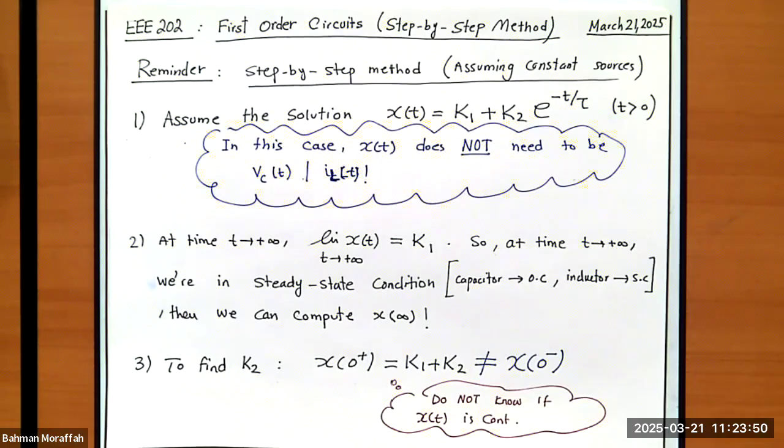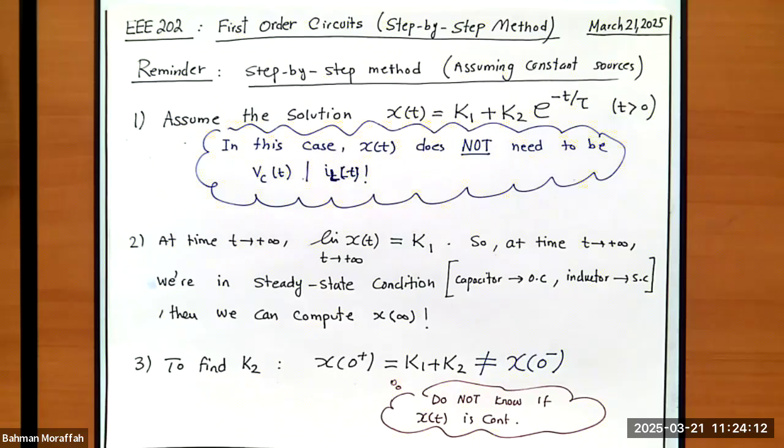What do we know? What we know is if I have a capacitor or an inductor in the circuit, voltage across the capacitor and current through inductor, they are always continuous variables. I know that. Regardless of x, those variables are continuous.